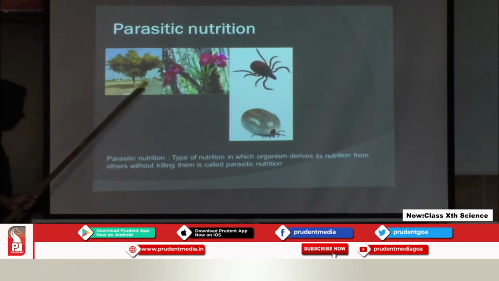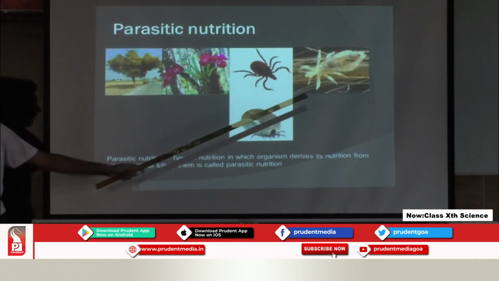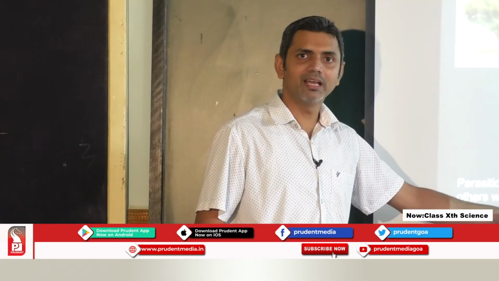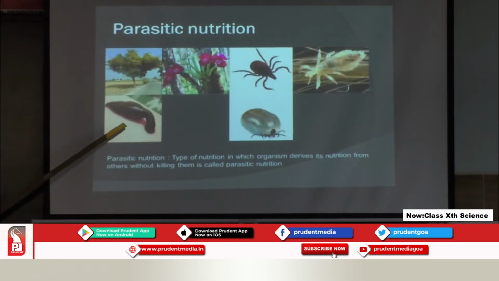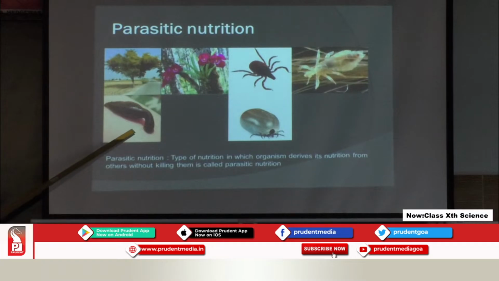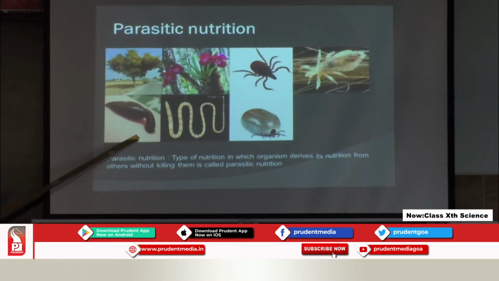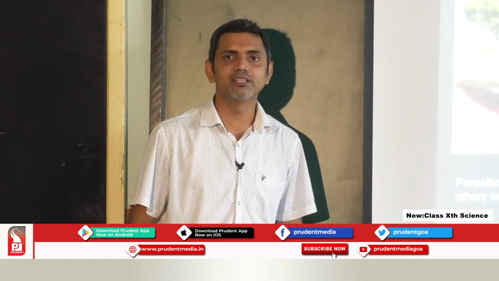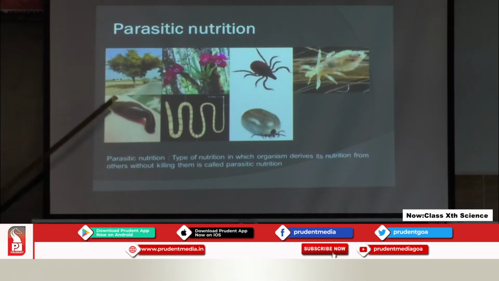So, lice which are found on human hair, leeches, they suck blood, then tapeworm, which is sometimes found in the human intestine. So, these are examples of parasites and the mode of nutrition in such organisms is parasitic nutrition.